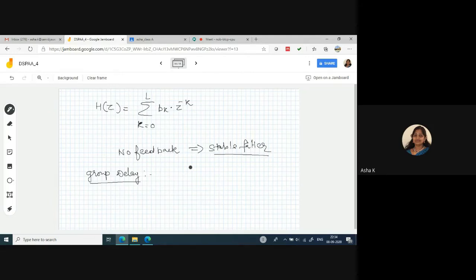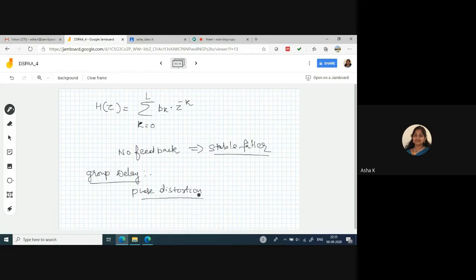We can easily calculate the group delay in the case of an FIR filter. So wherever phase distortion tolerance is negligible, this particular type of filter is used.